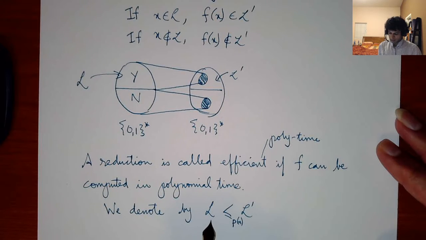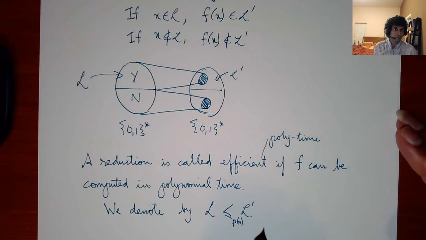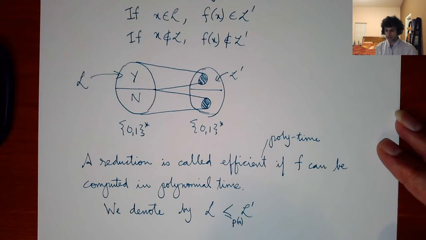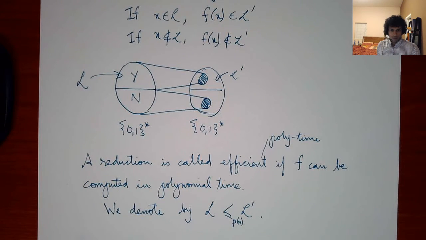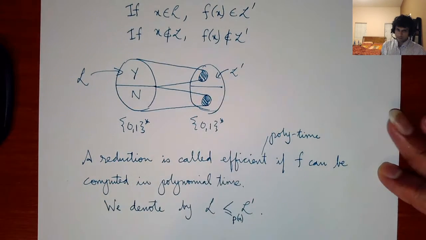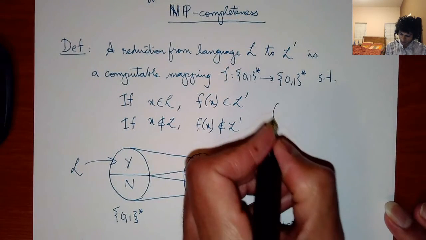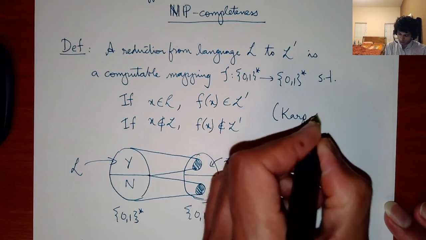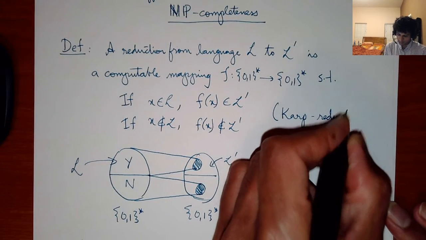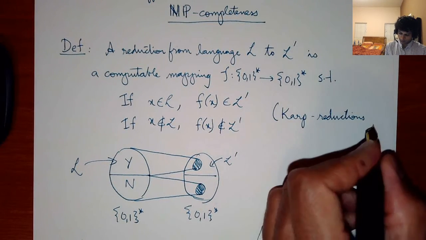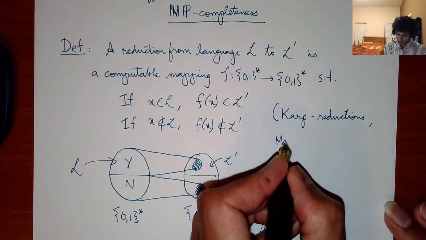This means that L can be reduced to L prime using an efficient reduction. This is the notation that we use. These kinds of reductions are called mapping reductions. They're also called Karp reductions, and they're also referred to as many-one reductions.